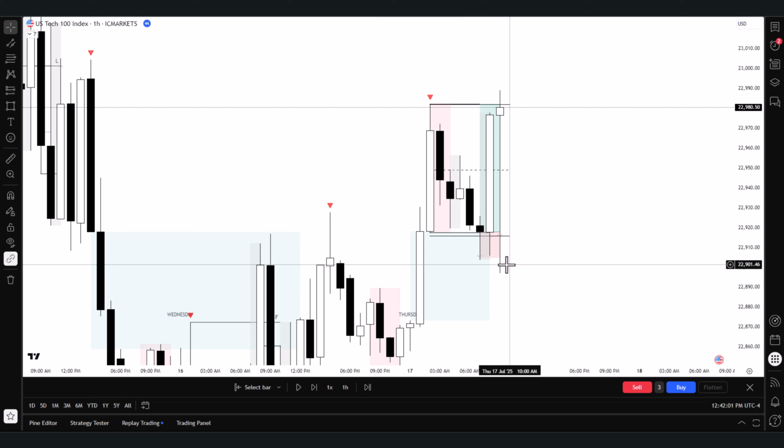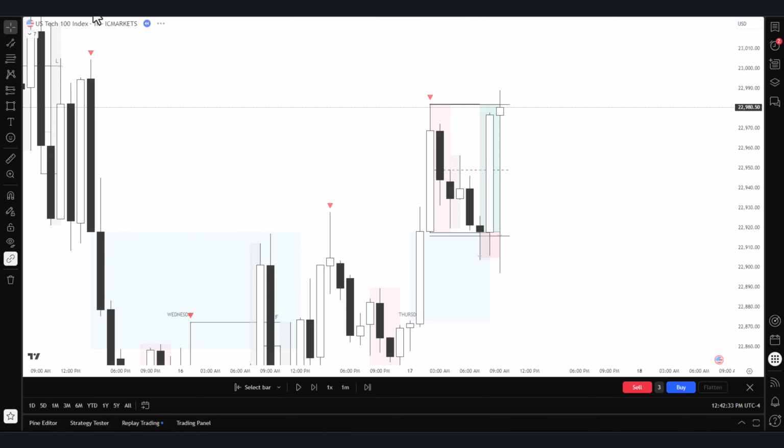That doesn't mean we will go for a buy again, because we already swept both London's high and low. So we shouldn't place any trade after sweeping both high and low. This is extremely risky. But you can take a chance, but this is totally low probability, because both buy side and sell side liquidity are taken. Now we don't know how our price will go.